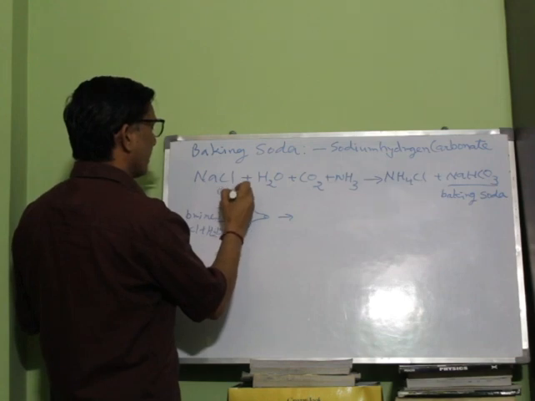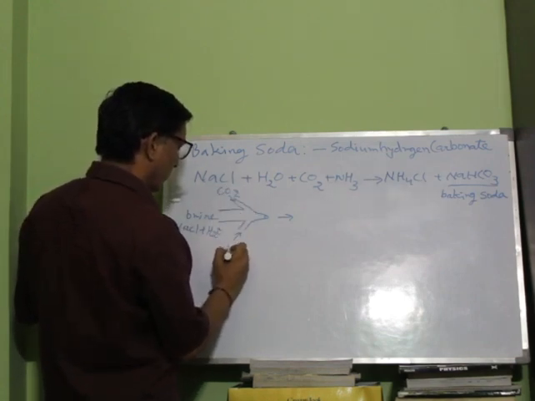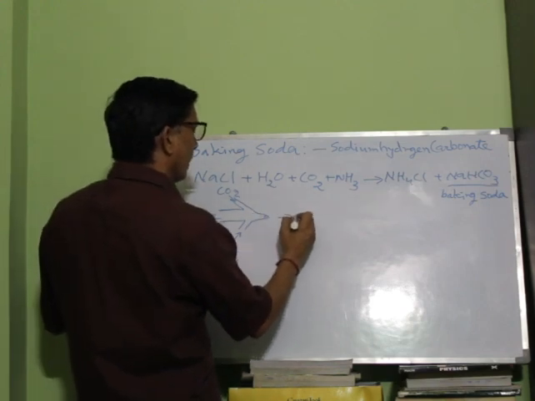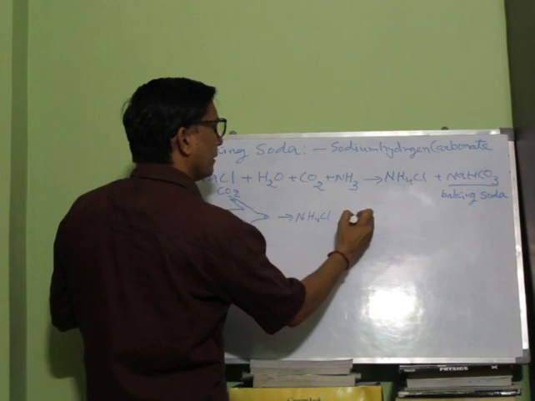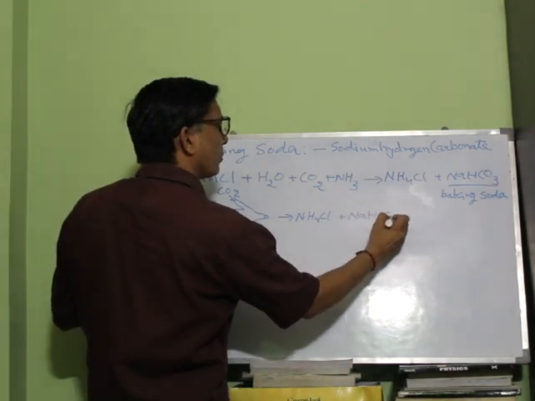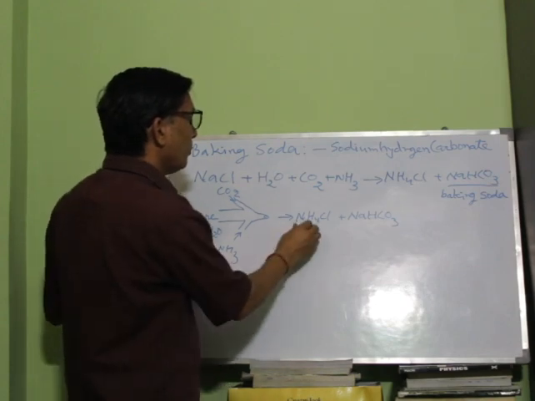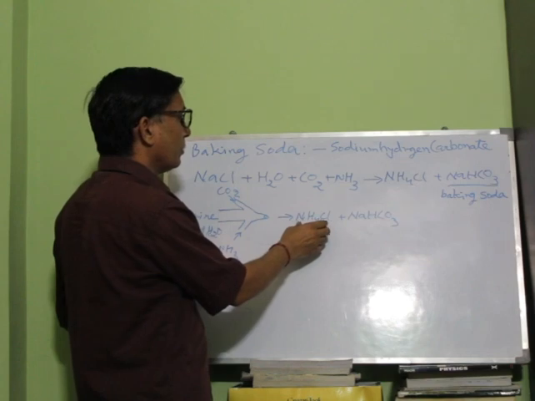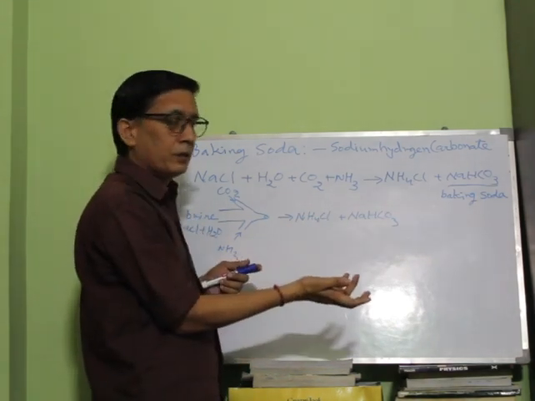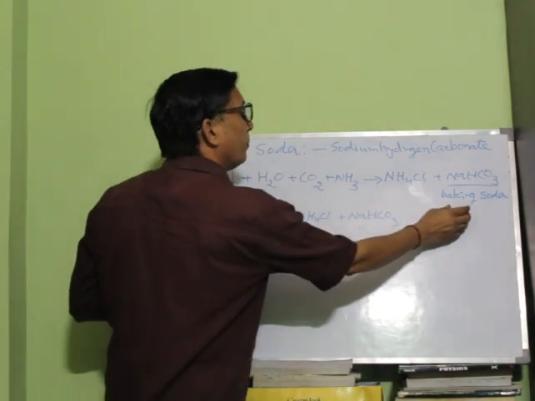When two gases, carbon dioxide and ammonia, are passed through it, we get two products, NH4Cl and NaHCO3, and both are very useful substances. Ammonium chloride, a sublimate material, is used to form camphor, kapoor, and sodium hydrogen carbonate is used in baking industries.